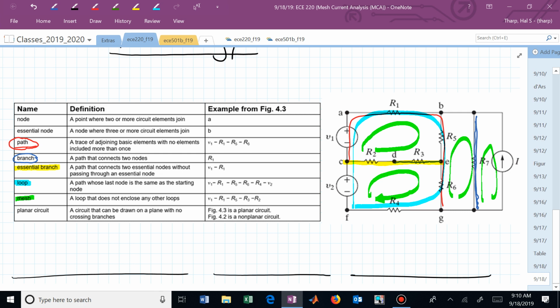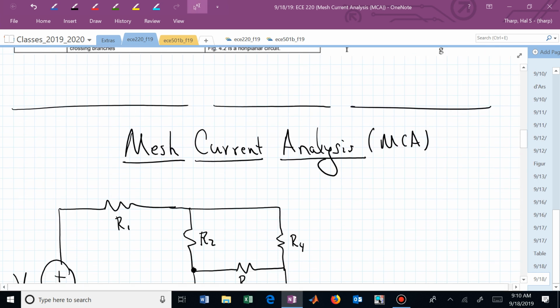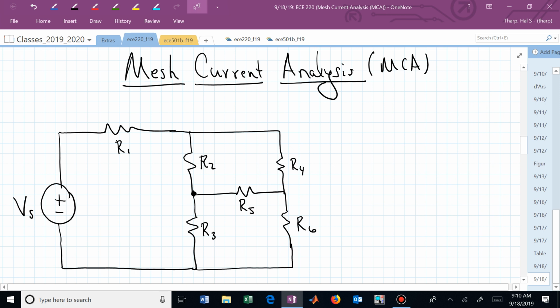Let's move on. Let's determine now how we can apply that in mesh current analysis. Because we're dealing with windows and panes of the windows, that means mesh analysis really only works for planar surfaces, or planar networks, which are networks that you can put on a plane without any crossing lines or wires.